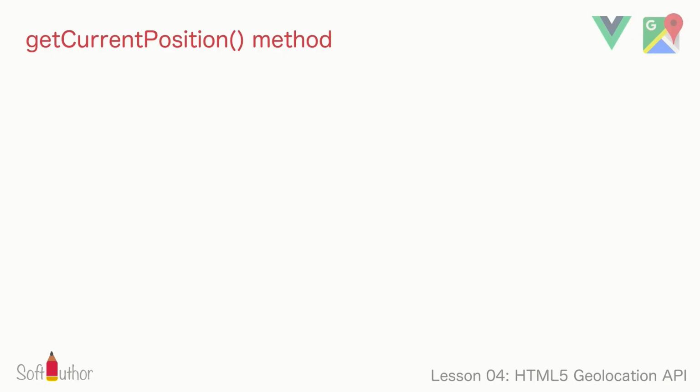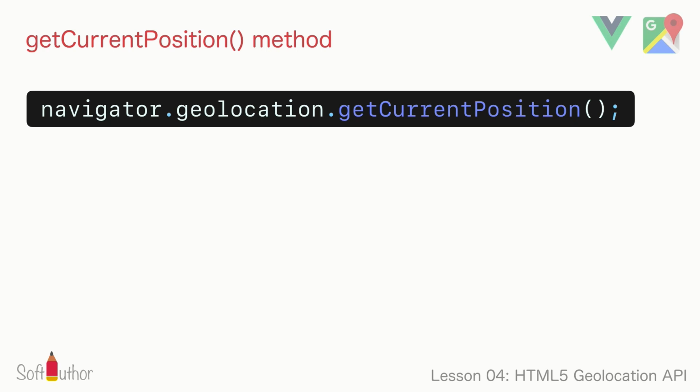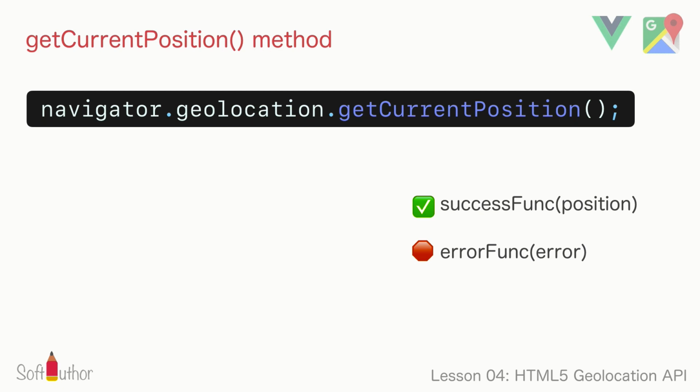Moving on, to get the geographical position, all you have to do is to call the getCurrentPosition method. This takes 3 arguments. The first one is the success function, the second one is the error function, and the third one is an options object.